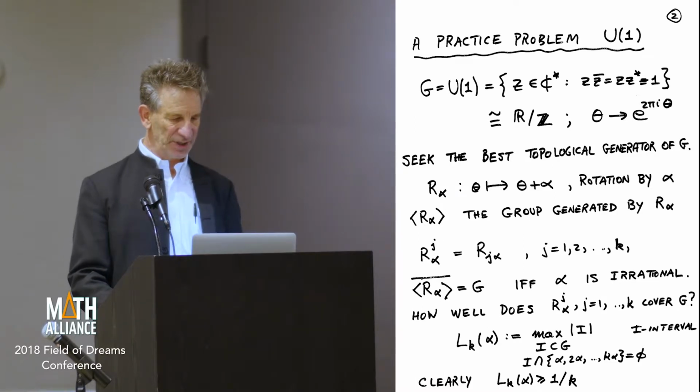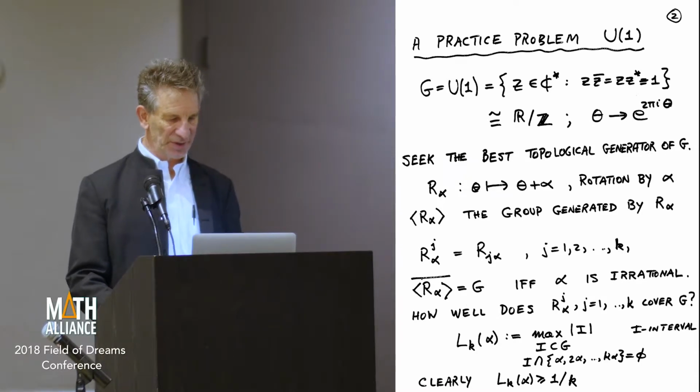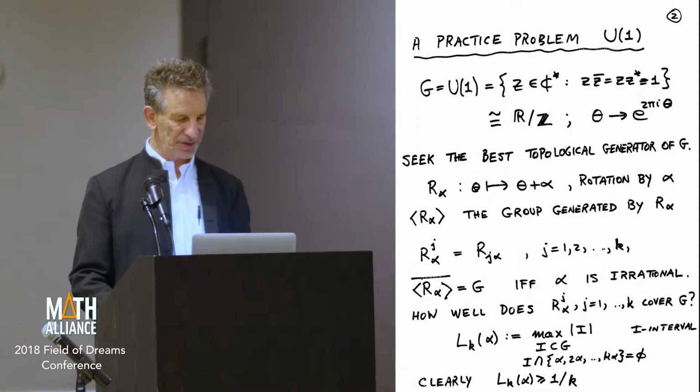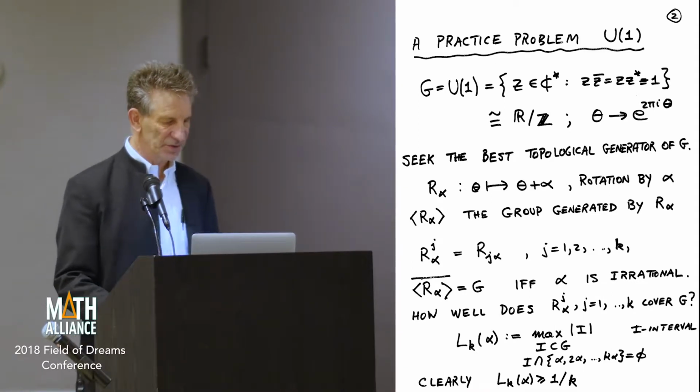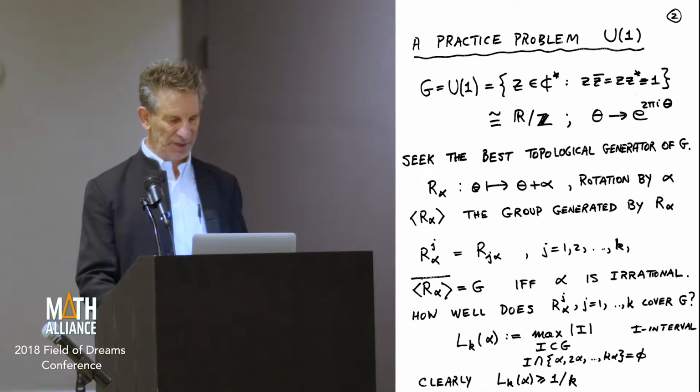So suppose I take a rotation R alpha, which is just, in the theta variable, I take theta to theta plus alpha, and then I iterate that rotation. So I repeat it, and I get R alpha to the j for j equals 1 up to k, and I repeat that forever.